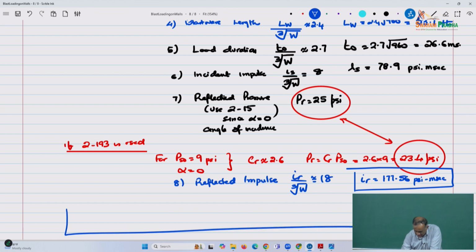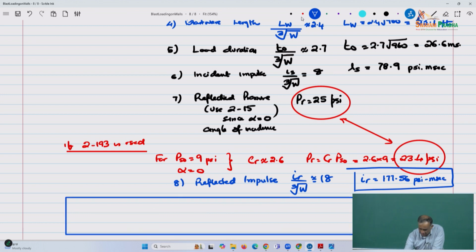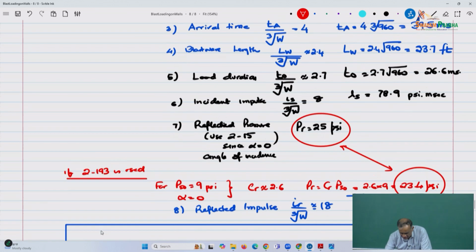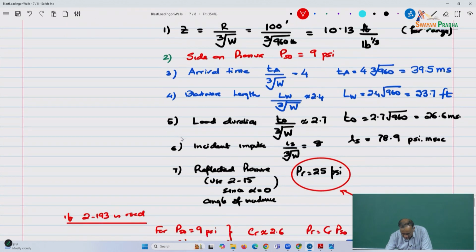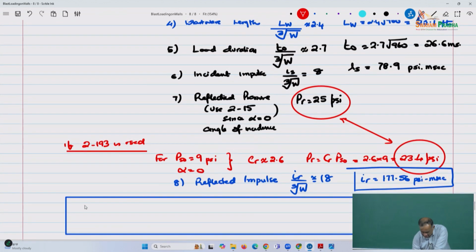So let's gather up all the important values. What we have here is PSO is 9. If you can maybe read out, PSO is 9 psi. PR was how much? 25. Then load duration TD was 26.6 milliseconds. Blast, all of these are needed.